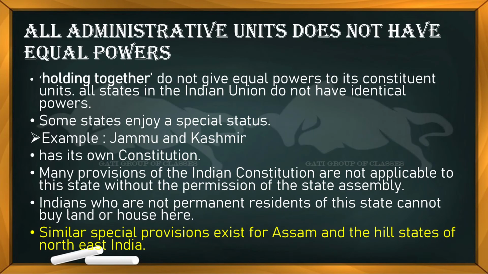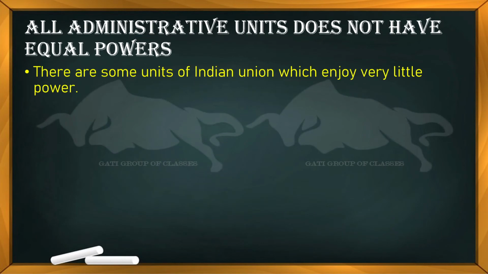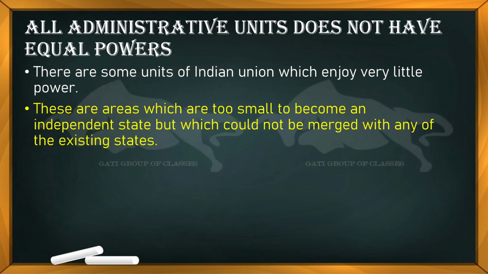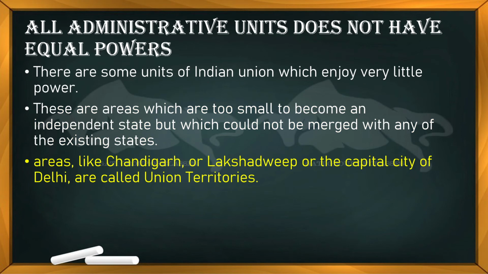So we can see there are some units of the Indian Union which enjoy very little power. They don't have that much power, not even special powers, and not even equal powers are given. These areas are too small to become independent states, but could not be merged with any of the existing states, like Chandigarh, Lakshadweep, and the capital city of Delhi.